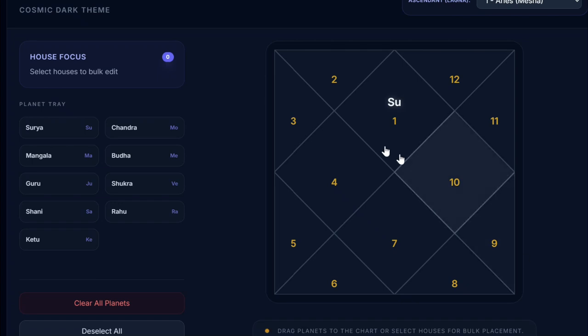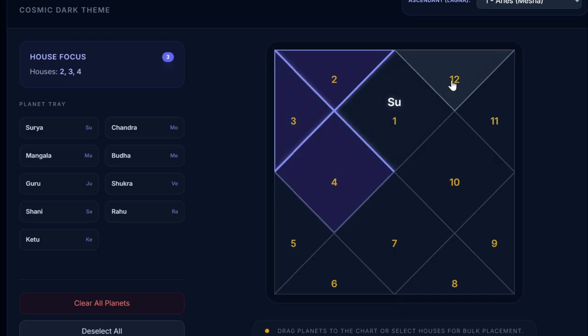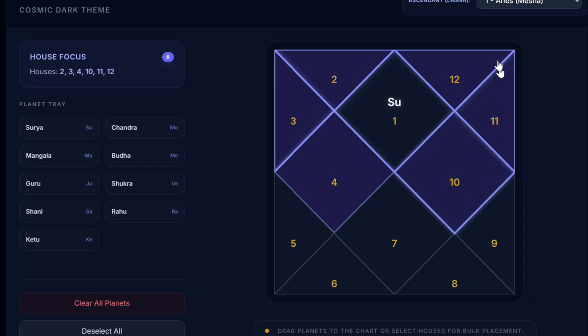Any planet sitting in the second, third, fourth, 12th, 11th, and 10th houses, any planet sitting in these six houses will be a temporal friend of Sun. You got it? Let me just place some planets.